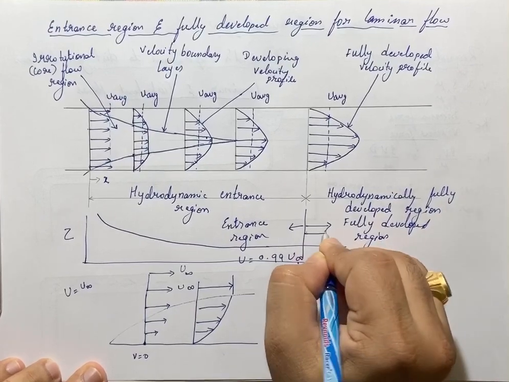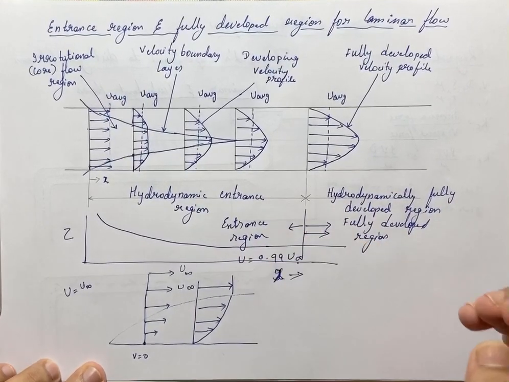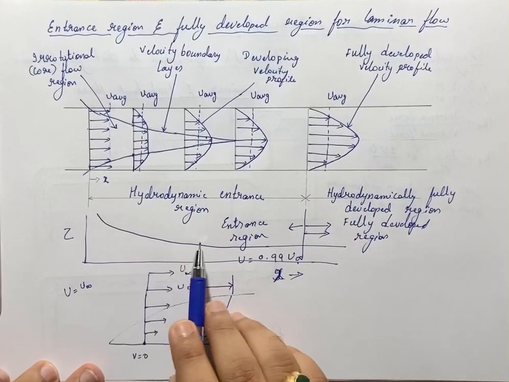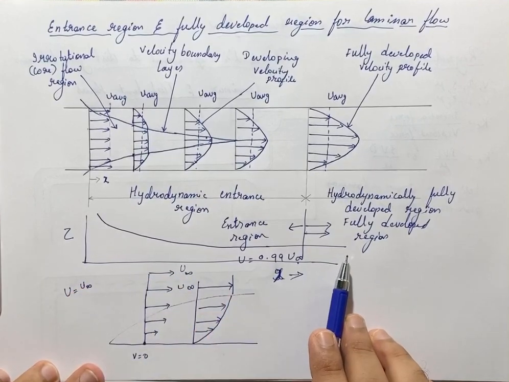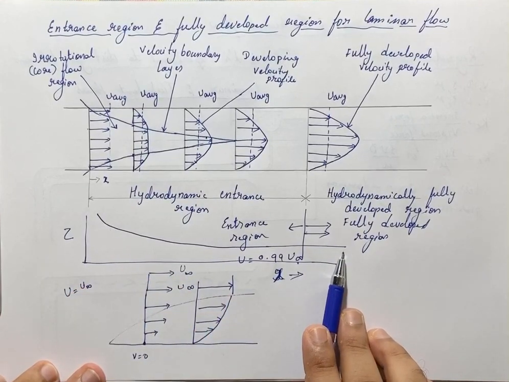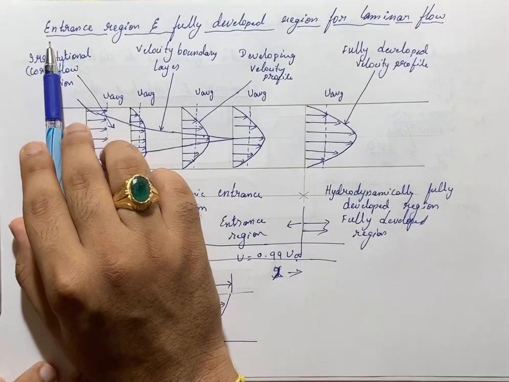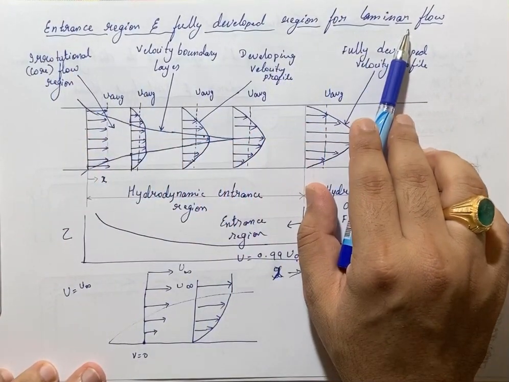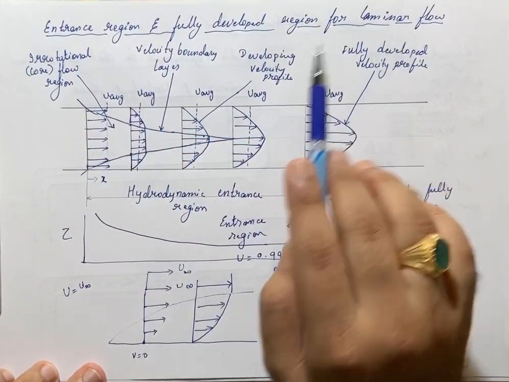Right. This side is the fully developed region, this side is the entrance region. This is how the shear stress will be acting here. This is the entrance region and fully developed region for laminar flow, right? Thank you.